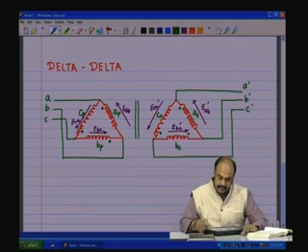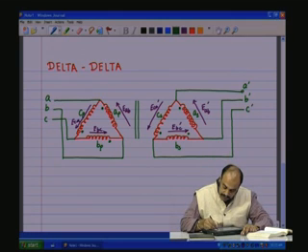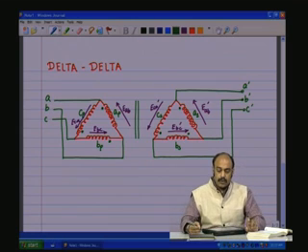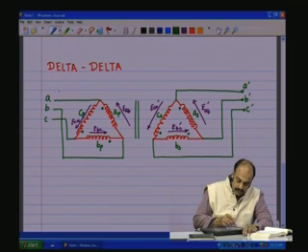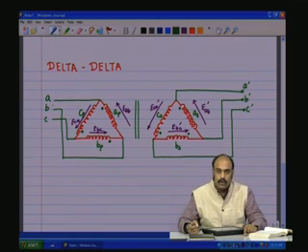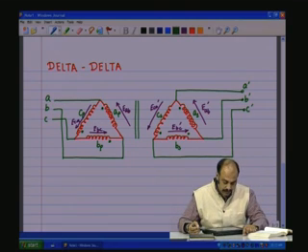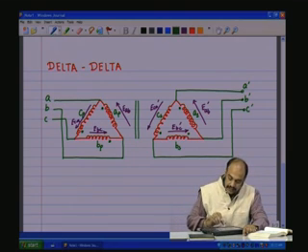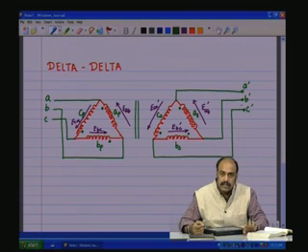These are the secondary terminals which will go to further loads. So, it should be assumed that on the primary side it is connected to a 3-phase source, and on the secondary side it is connected to a well balanced 3-phase load.